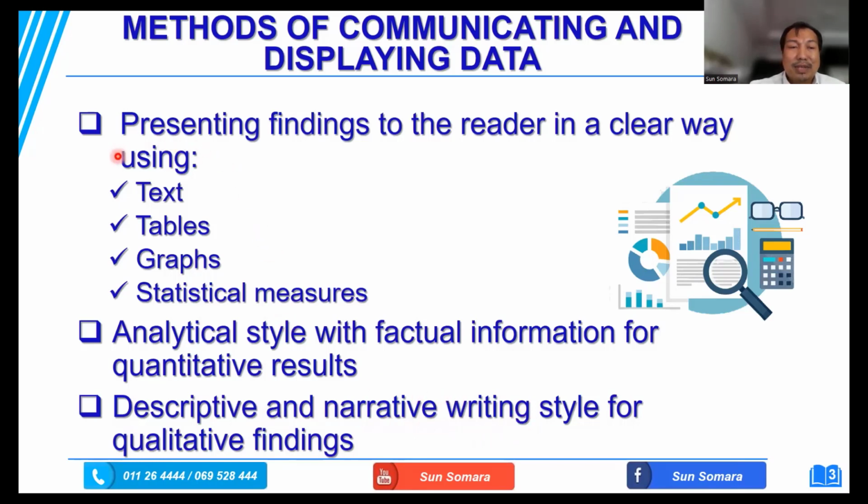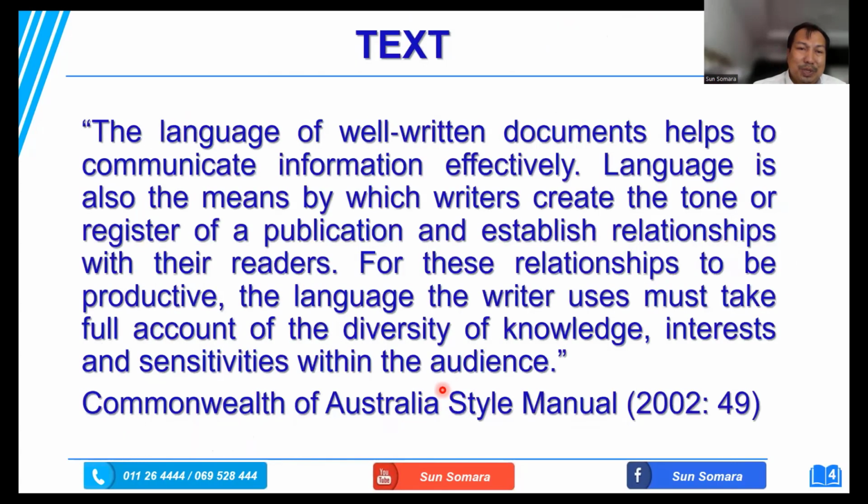Some data we show in graphs, in tables, and so on, but some only descriptive, like text or narrative. So quantitative and qualitative have different ways to display their data and interpretation. Let's move to the other one.